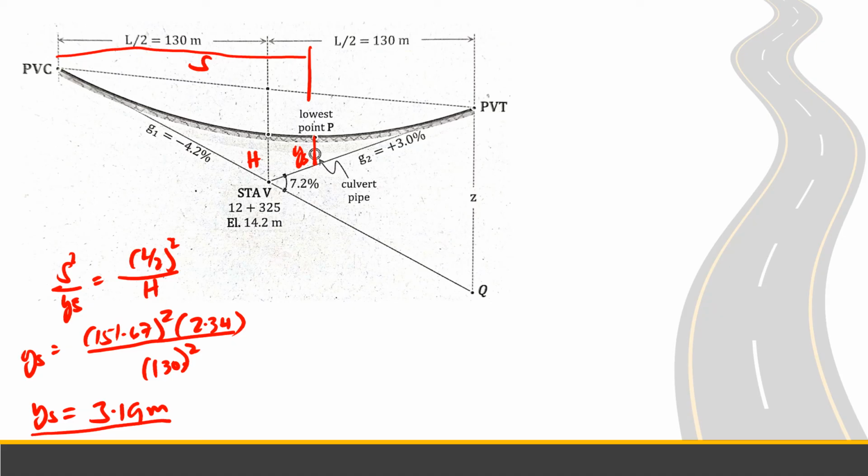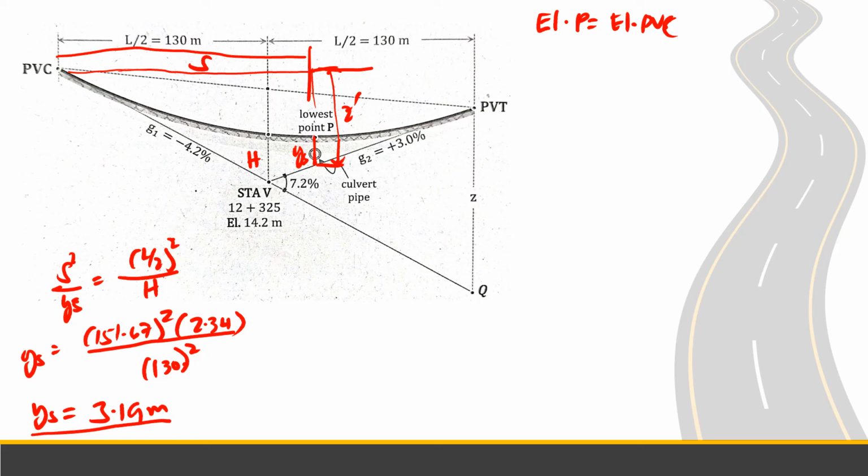Just like the equation earlier, the elevation of P is equal to the elevation of PVC plus the vertical distance here, say this is our Z prime. Since it is a sag curve, we subtract Z prime and then add YS. In the summit curve, it is plus Z prime minus YS. We will first find the elevation of PVC.